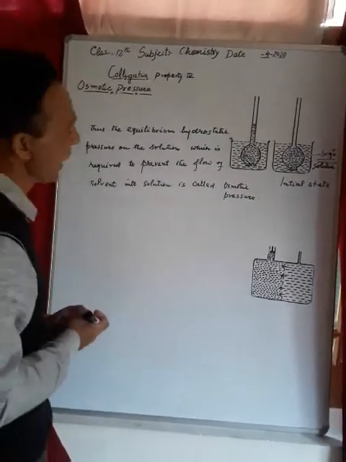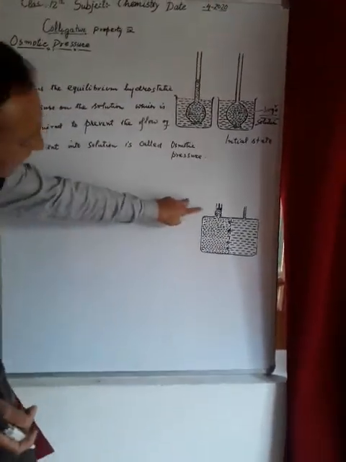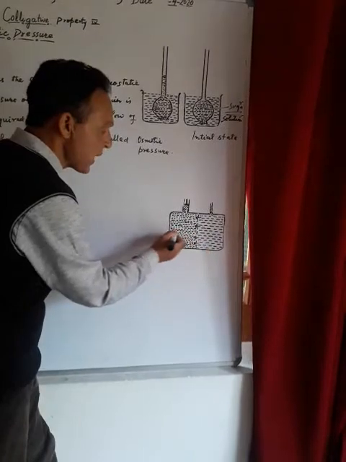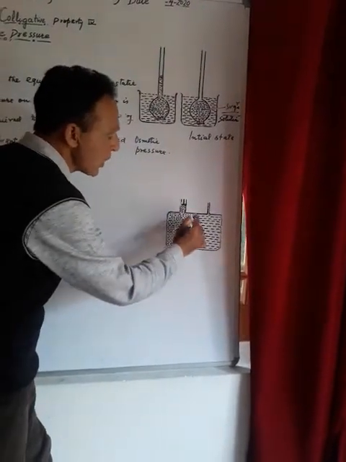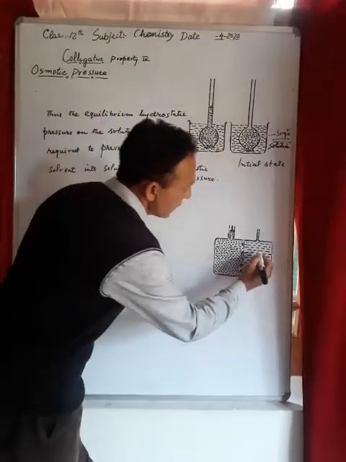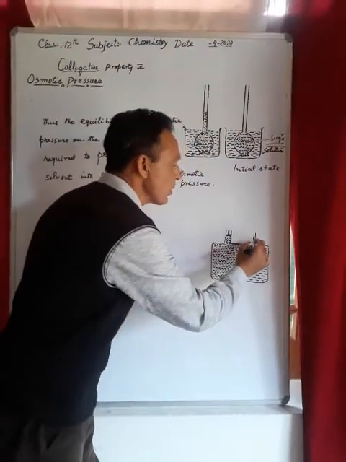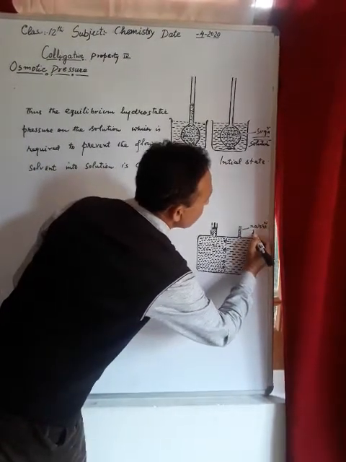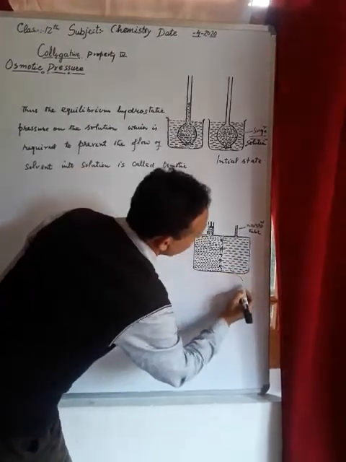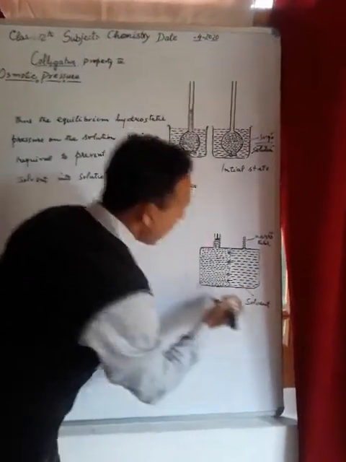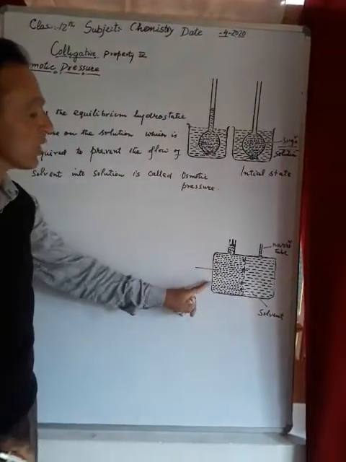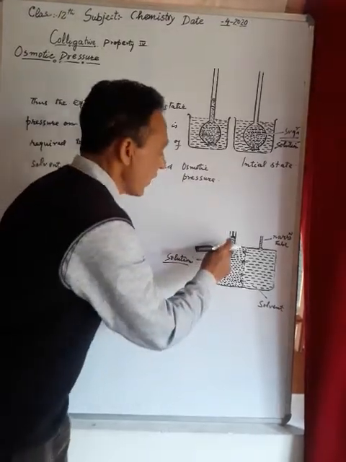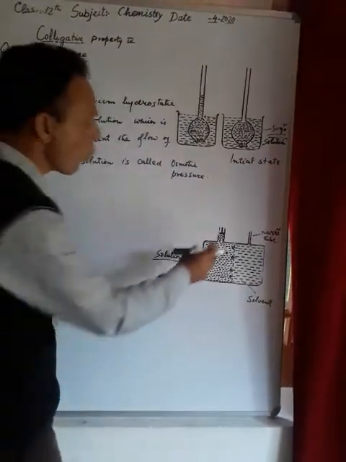Alternately, we can also explain this osmotic pressure if we take a vessel. In the vessel, we divide it into two components by a semi-permeable membrane, and in one component we fit a narrow tube which contains solvent, and the other compartment we fill with the solution, and at the top it is fitted with a wide tube.